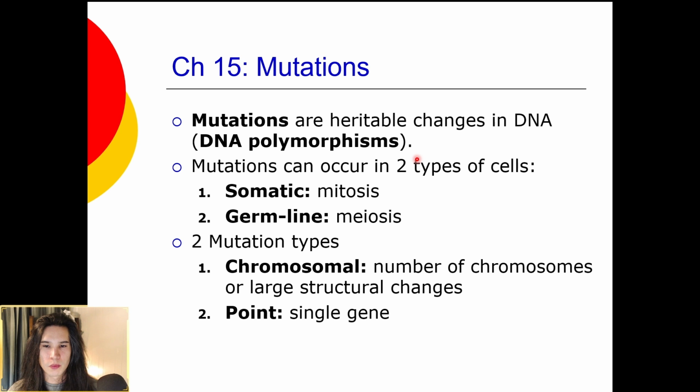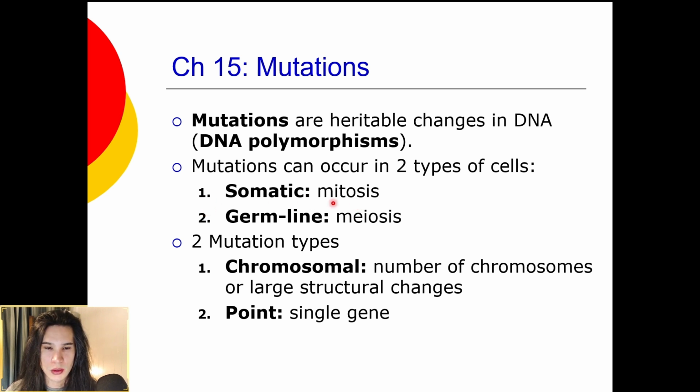So, most of our differences between us, our different phenotypes, I would argue are due to mutations at some point. So mutations can occur in two types of cells. You can have mutations that happen in your somatic cells.